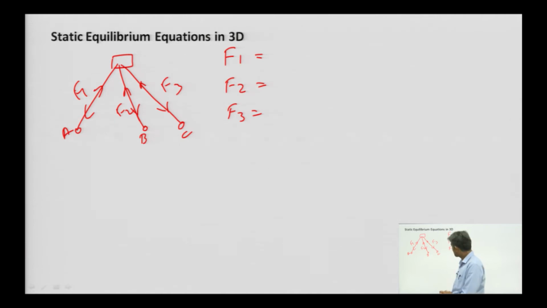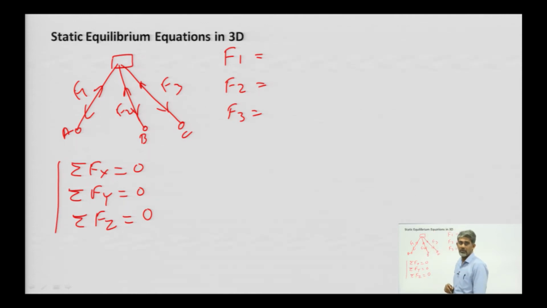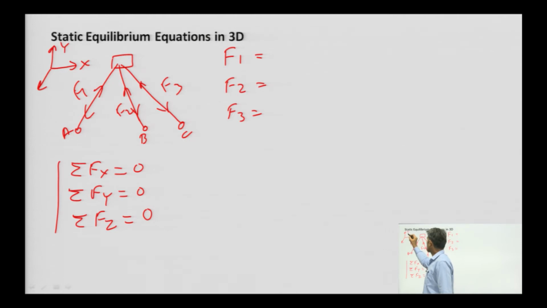Okay. Actually, if we use the equilibrium equations, sigma Fx equals 0, sigma Fy equals 0, or sigma Fz equals 0, then we need to resolve all forces along the x, y and z axes, and what will be the angle, that is very difficult.